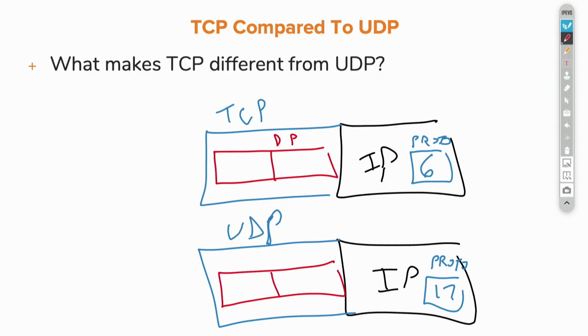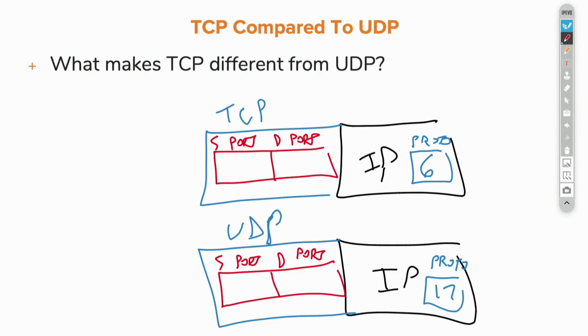We have a destination port number, and a source port number. This way we can multiplex, or have multiple instances of the same application running on a host, and that host can keep track of those individual sessions by giving them different port numbers.